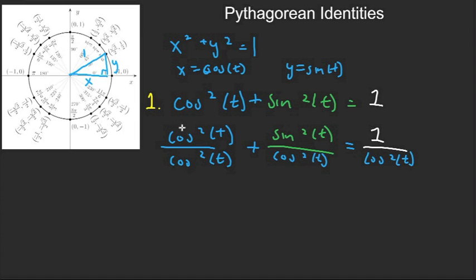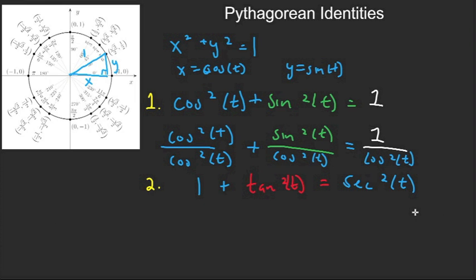So if we do this, the first value turns into 1 plus, so we know again from what we learned earlier, this is just tangent squared of t, and then this value here is just secant squared t. So this is our second equation.